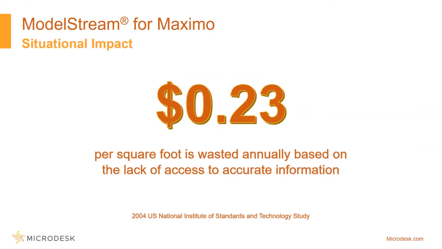So every time a work order is written and somebody has to hunt around for the O&M manuals for a piece of equipment, it costs. Think about your facility size, and then you can start to see how this number adds up.